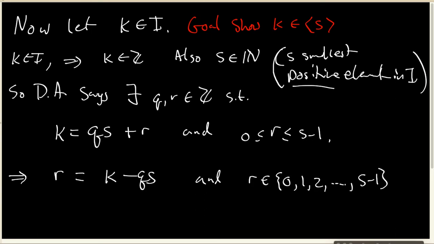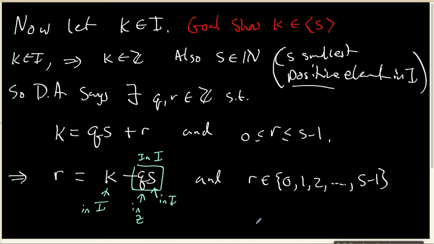Now let's think about this for just a minute. S is inside I, and Q is inside Z. So this element QS here belongs to my ideal. And K also belongs to my ideal.